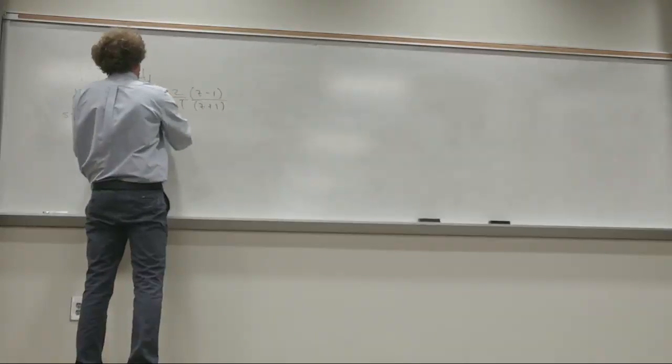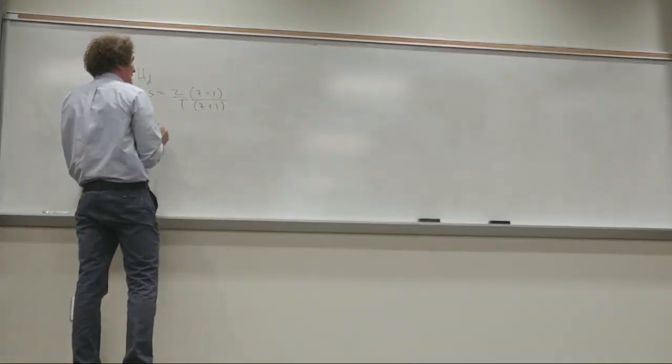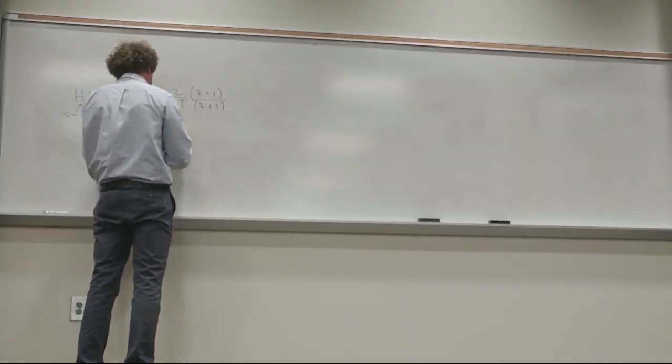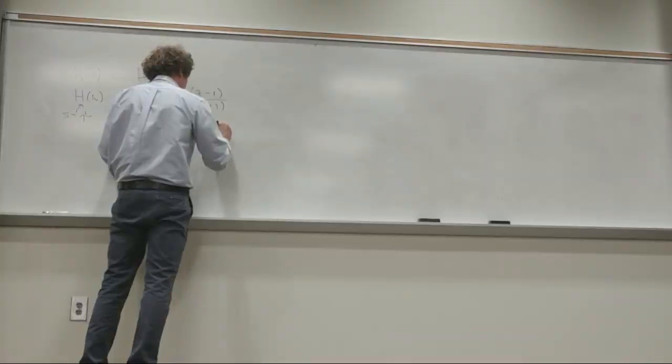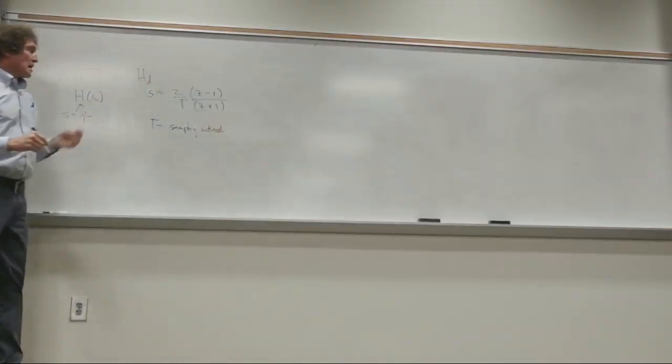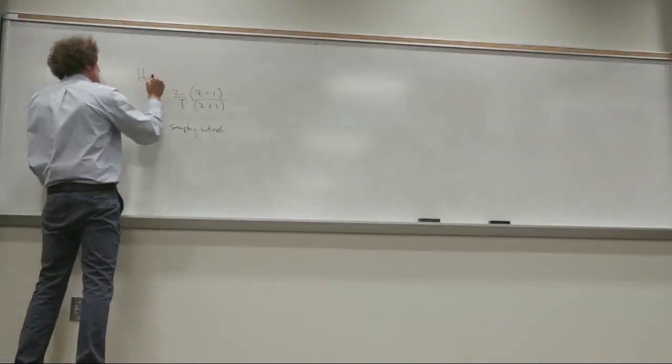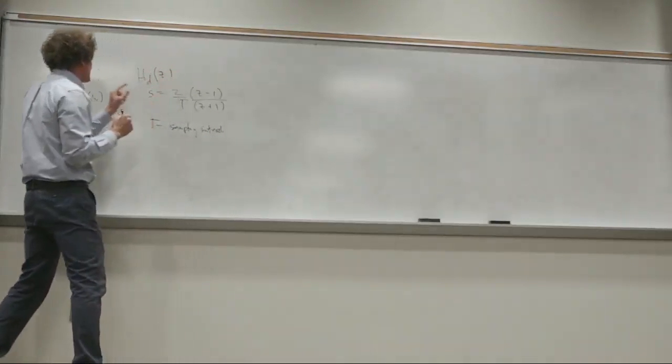Here T is simply the sampling interval. So that'll do it. And this is H, then it'd be H of z once you did this transform.